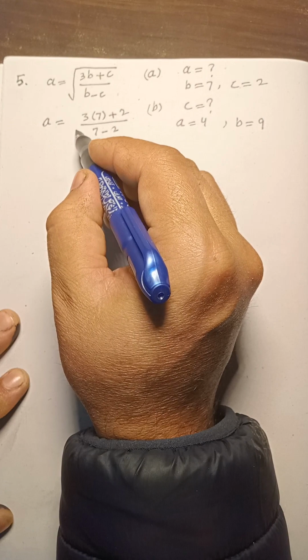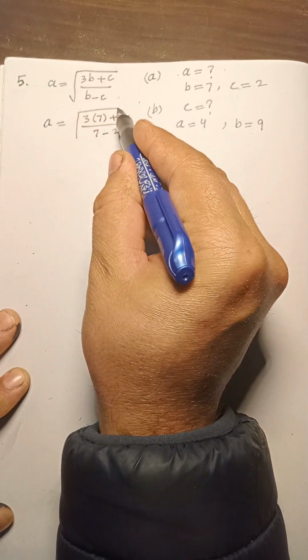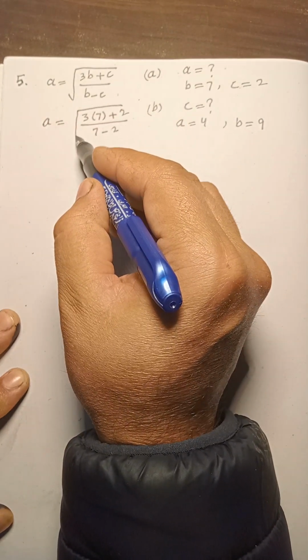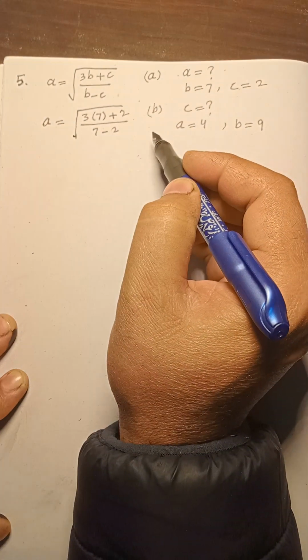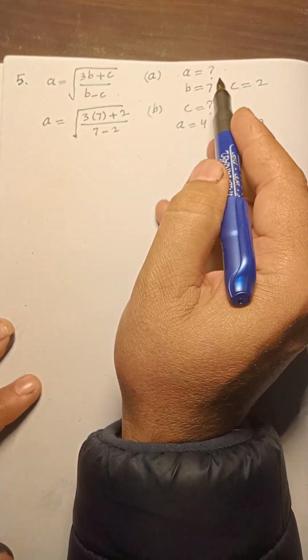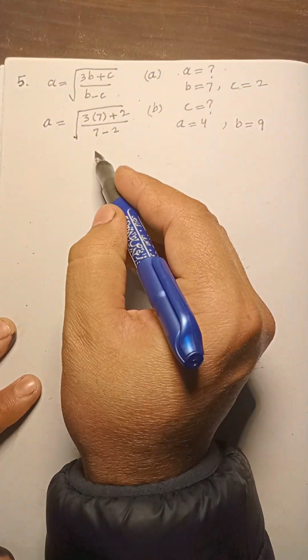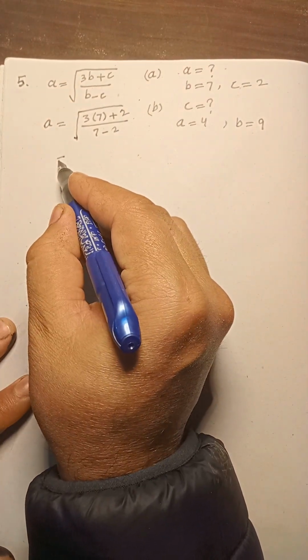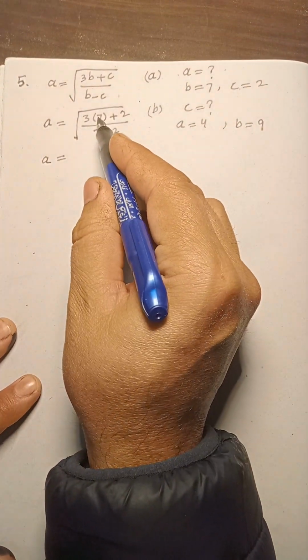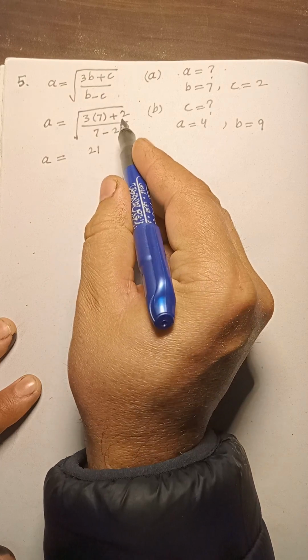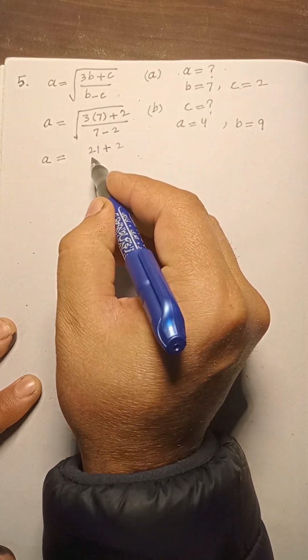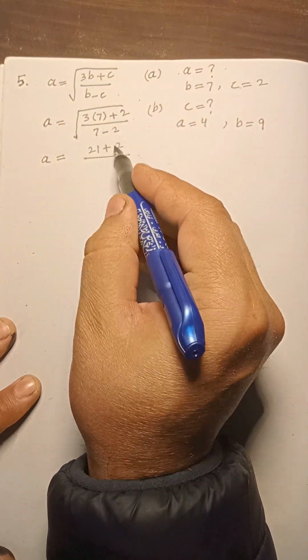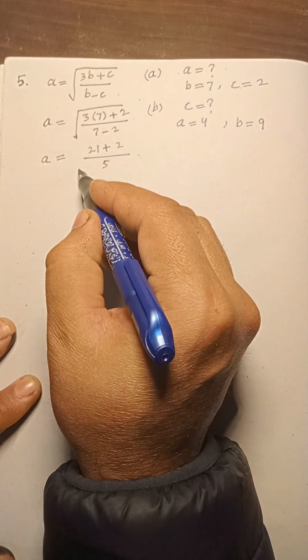So I have substituted the values of B and C for the first part. Now solve it further. 3 sevens are 21 and plus 2 here, while 7 minus 2 is equal to 5.